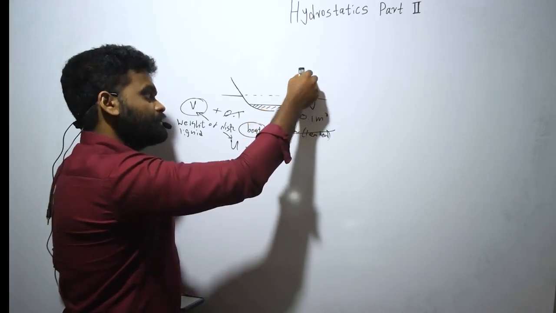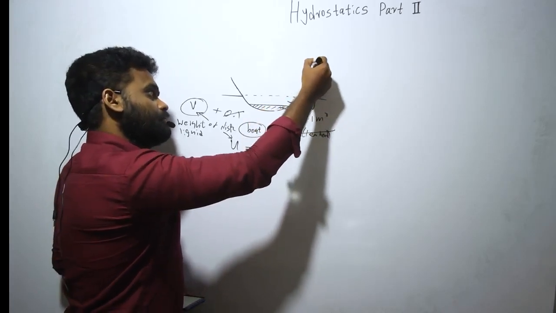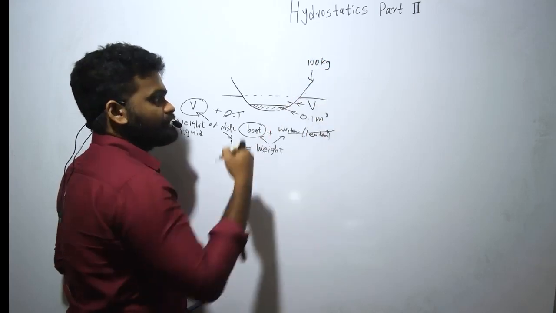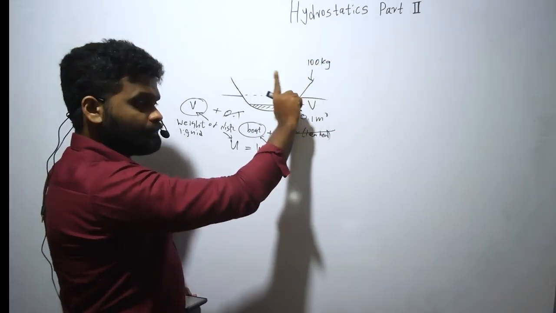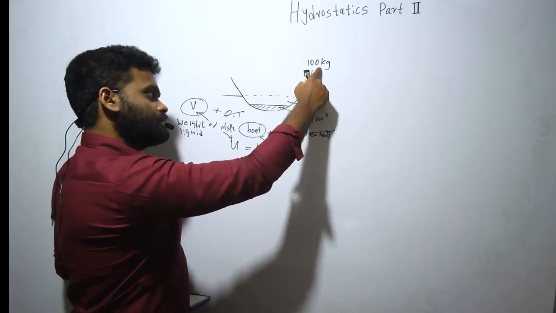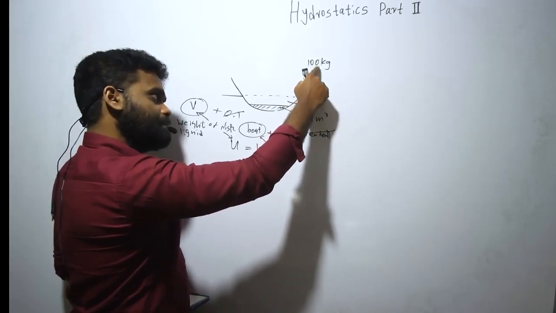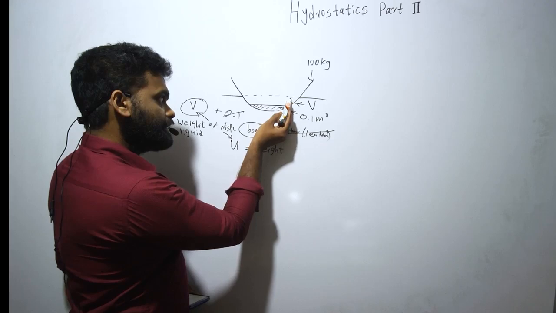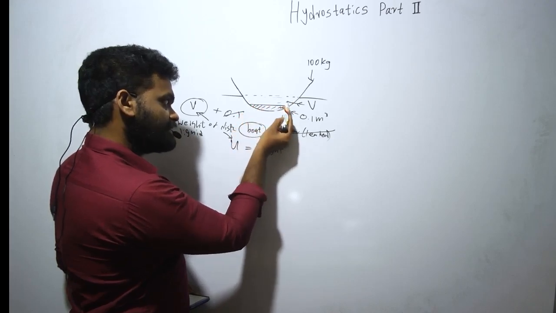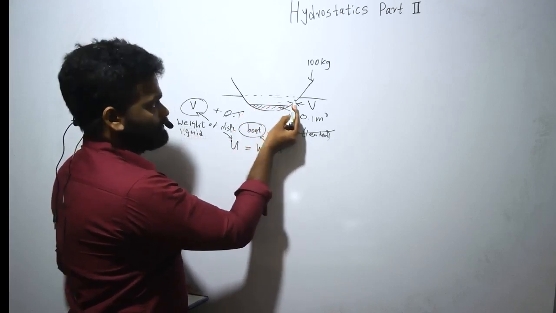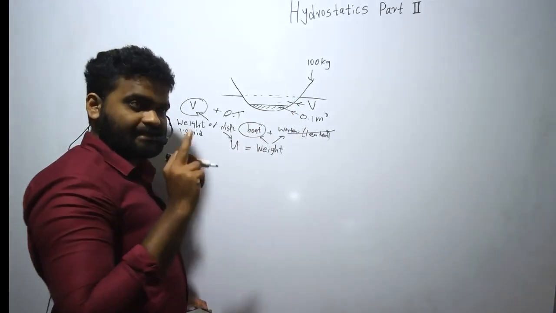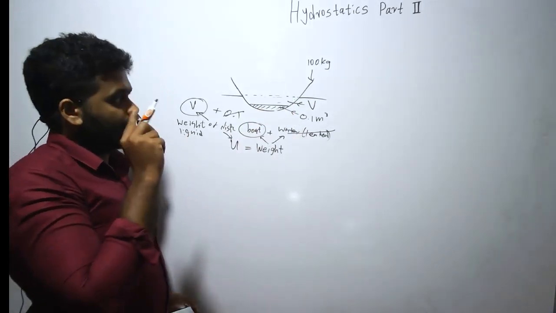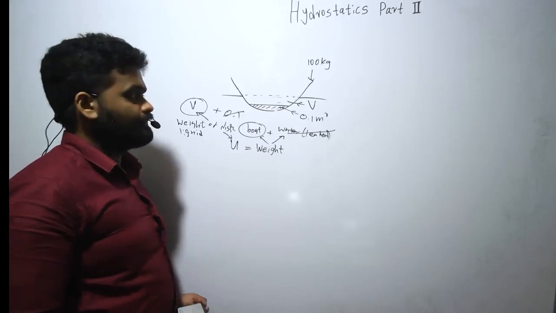They say the mass of the boat is 100 kilogram, so the weight is 1000 newtons for the boat only. That weight should be balanced by the upthrust created due to this displaced volume.